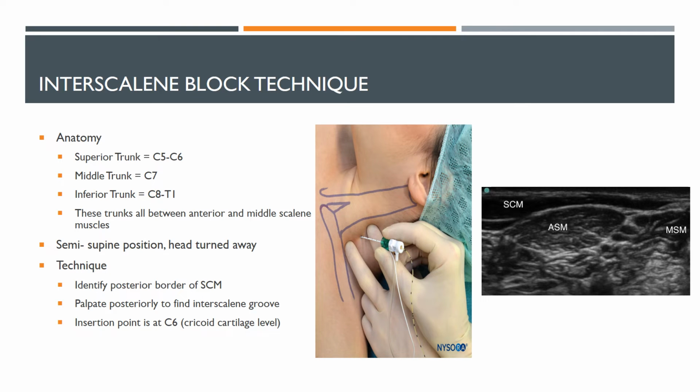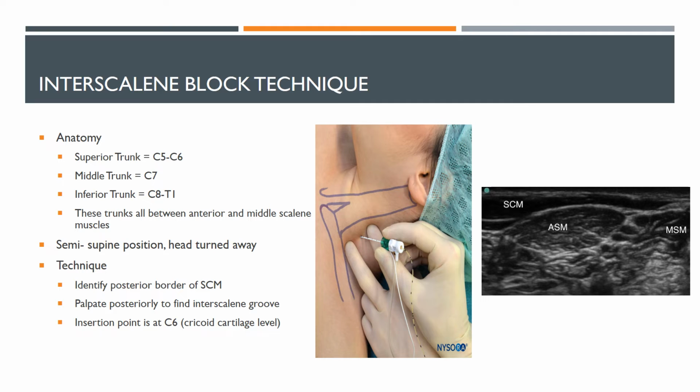Our next keyword topic is interscalene block technique. So the interscalene block is performed at the level of the trunks of the brachial plexus. Our anatomy includes blocking these three trunks, the superior trunk, the middle trunk, and the inferior trunk, which correlate to C5 to 6, C7, and C8 to T1.